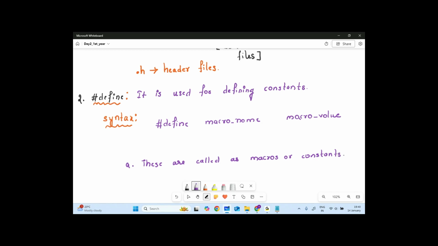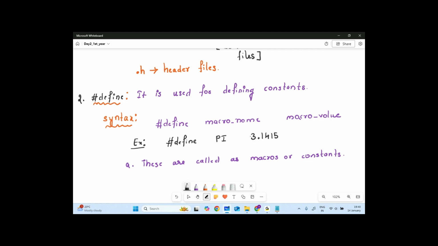Okay, for example, let us take one example here. Hash define followed by macro name, followed by macro value. So what is a macro name?